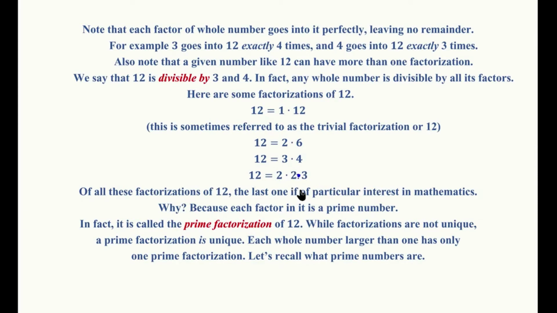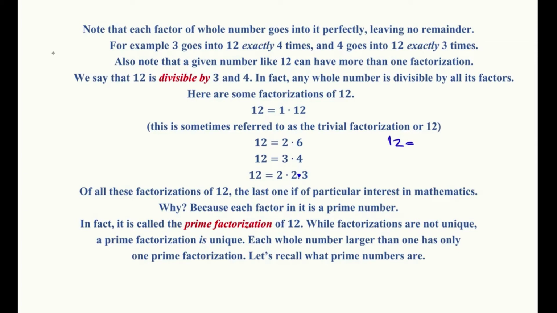So of all of these factorizations that we see, this last one, the one where we write 12 as 2 times 2 times 3, is unique. Why? Because it's the only one in which all 3 factors in the factorization are what are known as prime numbers.